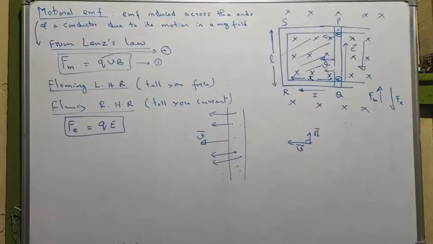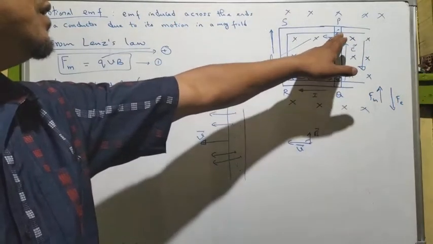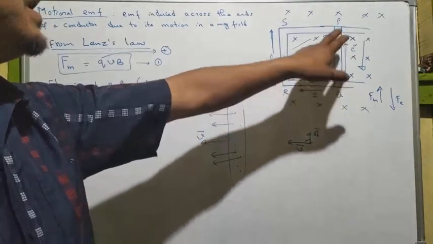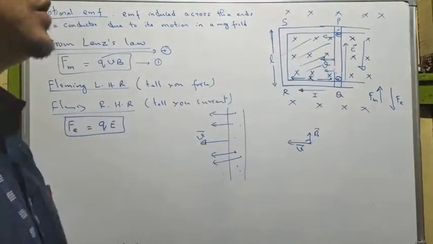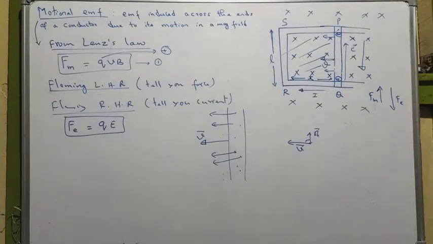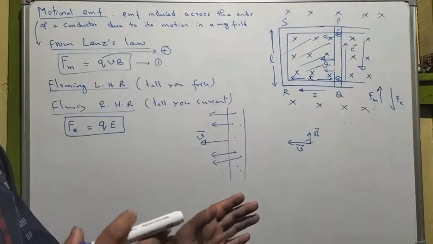Okay, now this accumulation of the positive and negative charges at the two ends of the conductor will continue till the two forces become equal.